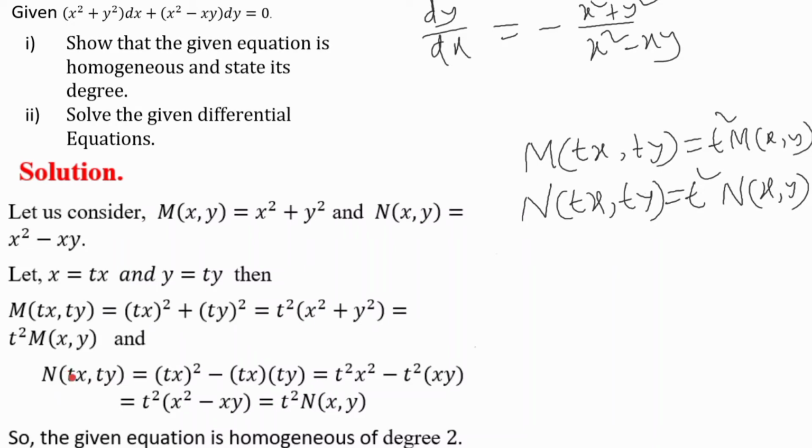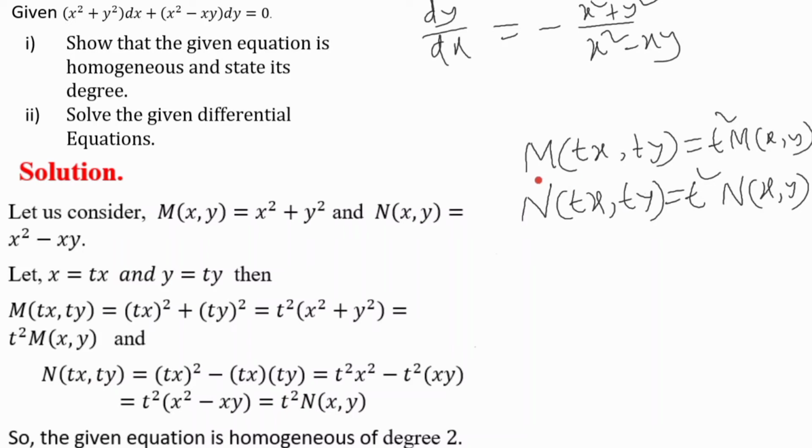Similarly, we put x equals tx, y equals ty in N. Then we get (tx) whole square minus tx ty. After simplification, we get t square x square minus t square xy. When we take t square common, we get x square minus xy. Here you can see that this is the same as our N. That means we can say t square N(x,y).